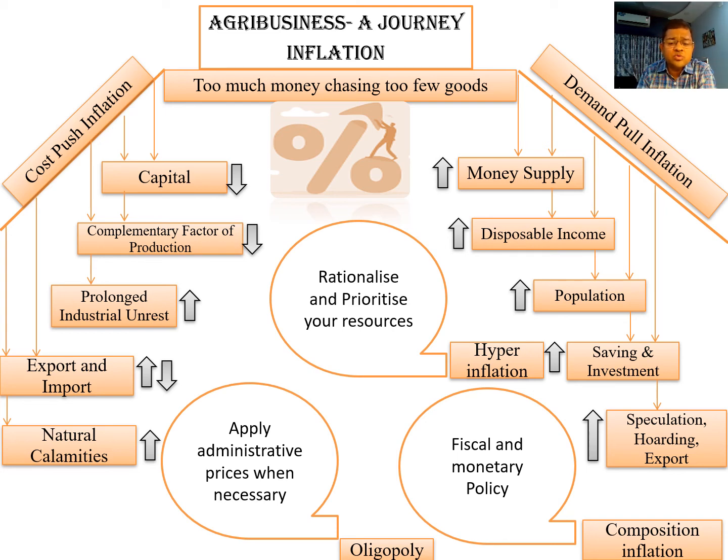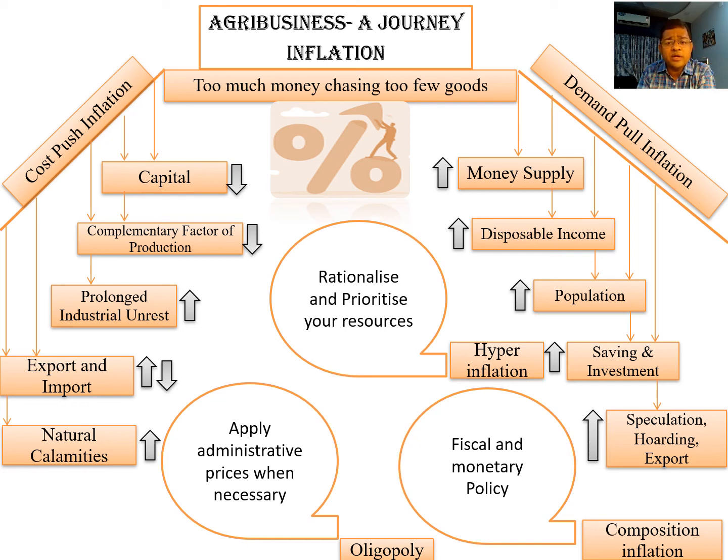In those conditions, you also find inflation. And how do you control their behavior? Through an administrative price management system. You control it through the government. The government will impose that you cannot increase the price of the product anyhow. If the government interferes in their price mechanism, then and only then will their inflation be reduced.